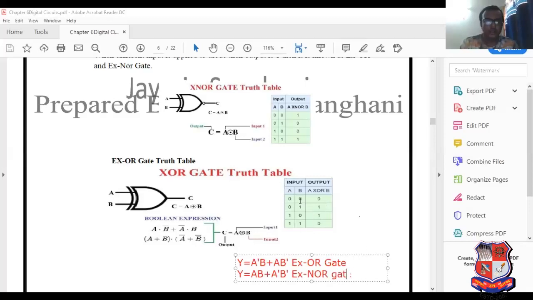What is the difference between XOR and XNOR? If both inputs are the same, then output is 0. Then it is known as XOR gate.